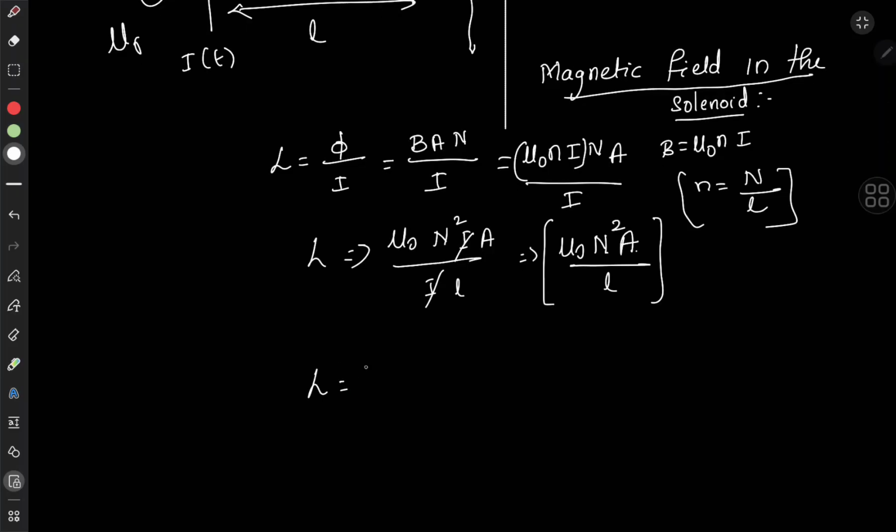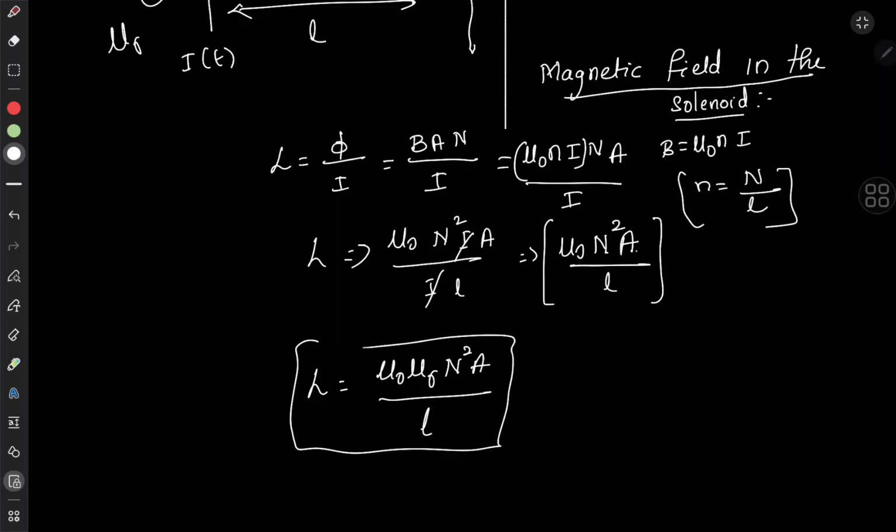So the self-inductance coefficient can be written as μ₀μrN²A divided by L. By seeing this expression, we can say μ₀μr depends on the medium, because relative permeability is there. That relative permeability depends on the medium and will vary with respect to the medium. The more the relative permeability, the more the self-inductance coefficient.